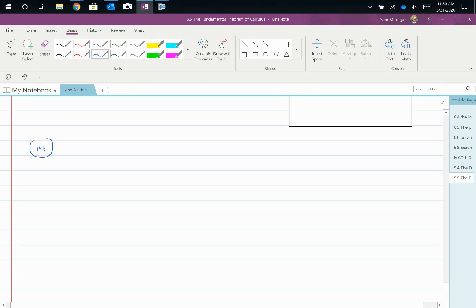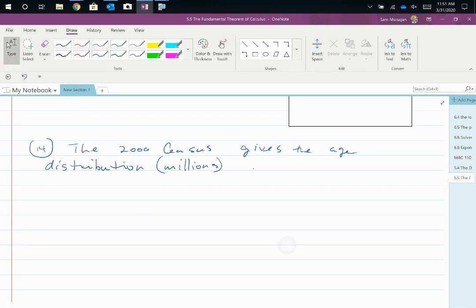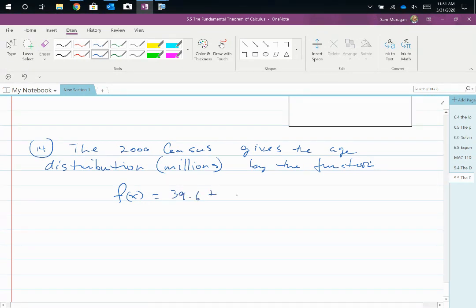It says the 2000 census gives the age distribution in millions by the function f of x equals 39.6 plus 2.09x minus 0.882x squared.